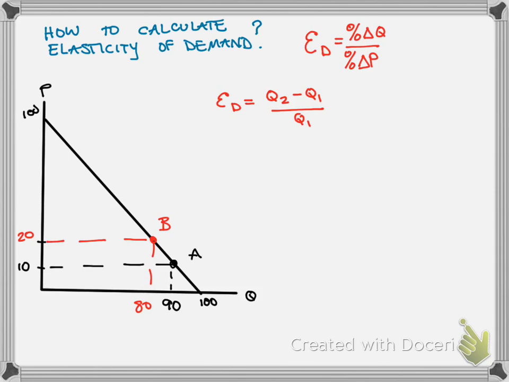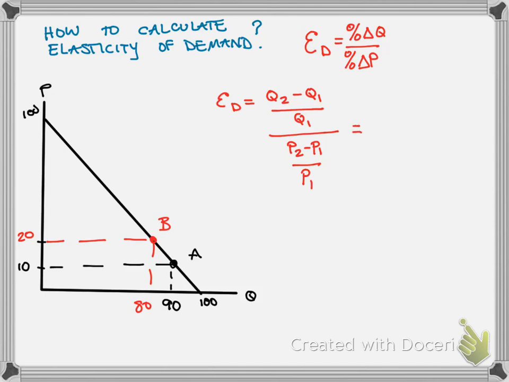That tells us the change, Q2 minus Q1, divided by the starting number, which turns it into a percentage. So it looks a little nasty, but it shouldn't be too bad. It's just the change, Q2 minus Q1, divided by the starting number. And that will be divided by the change in price, P2 minus P1, divided by the starting number.